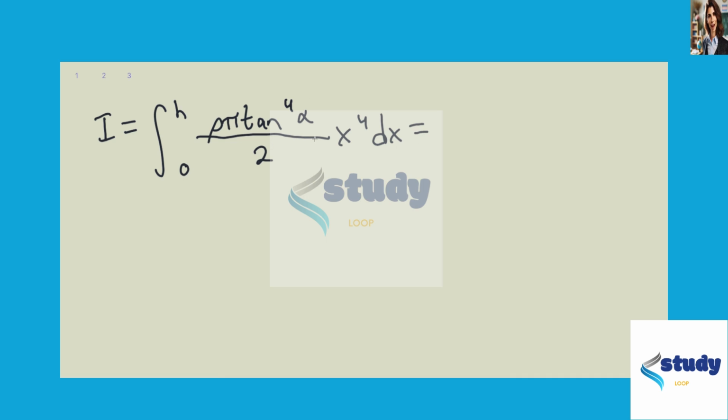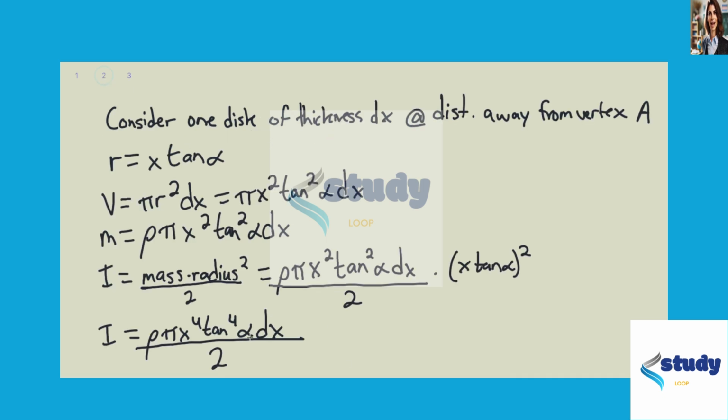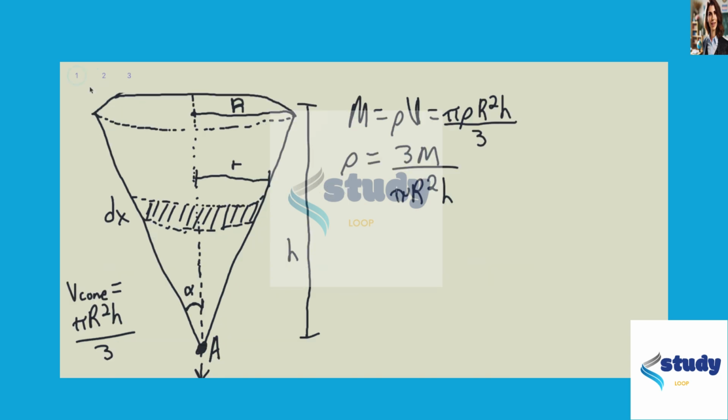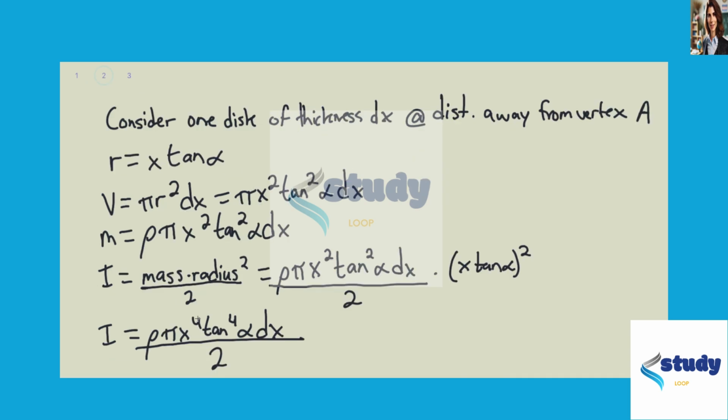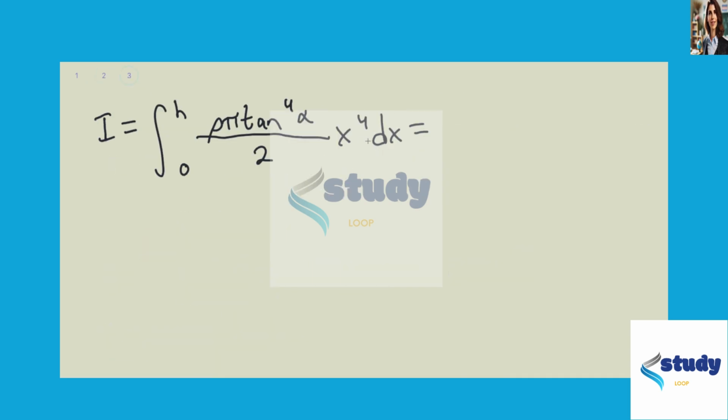Now this is only because we have dx here. So in order to find the true moment of inertia, we integrate from 0 to the full height of the cone. So we simply have to integrate the full length of the cone with respect to x, and we would find the moment of inertia.